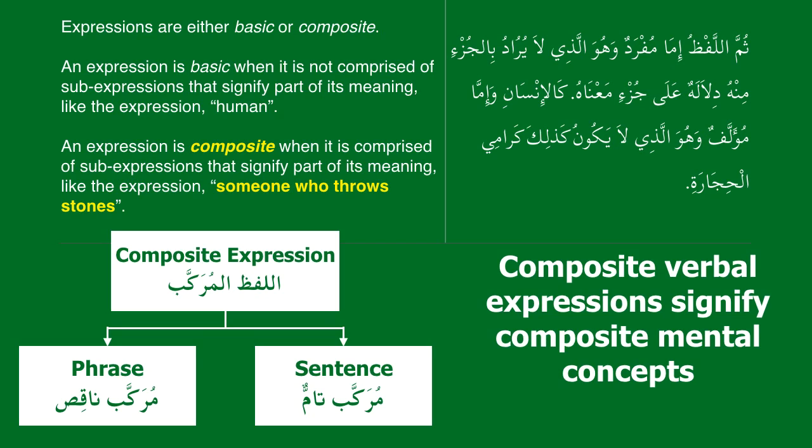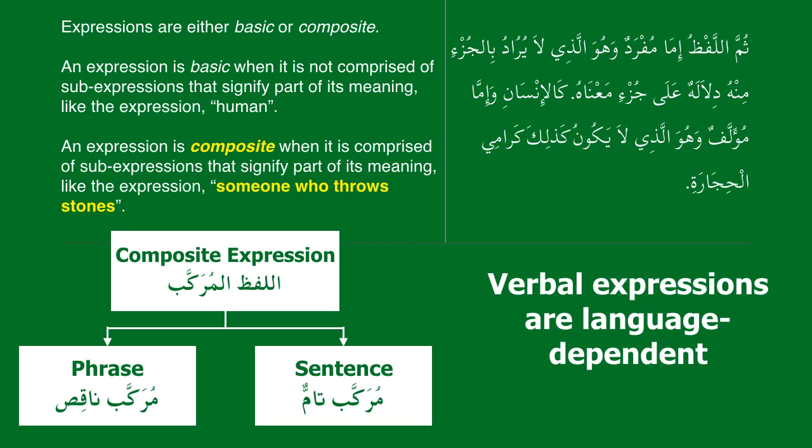Composite verbal expressions signify composite mental concepts. So we have the composite verbal expression, someone who throws stones, or the composite verbal expression, the handsome man is standing tall. These composite verbal expressions signify composite mental concepts. There's a composition that's happened in the mind. The verbal expressions are language dependent.